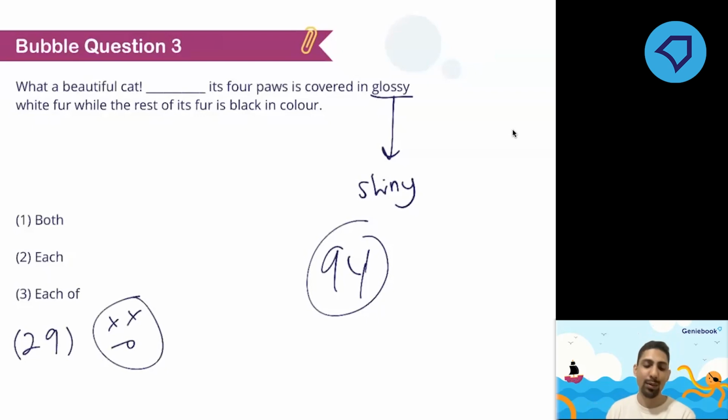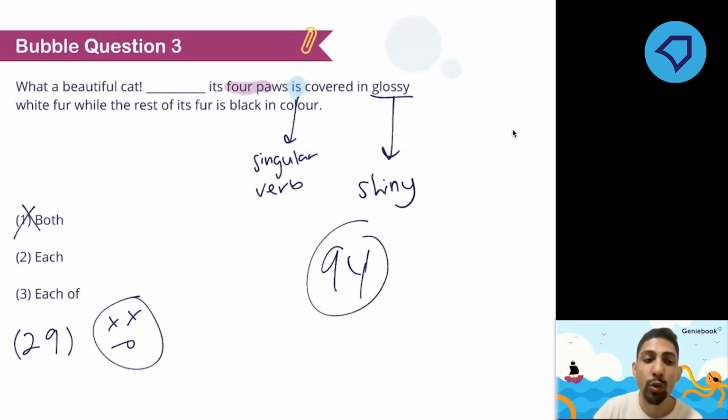Anyway, we have the singular verb is. Let's write that down. Singular verb. And remember what I said? Each is singular. So definitely not both. Another reason why we know it's not both is because we are talking about 4 paws, not 2 paws.